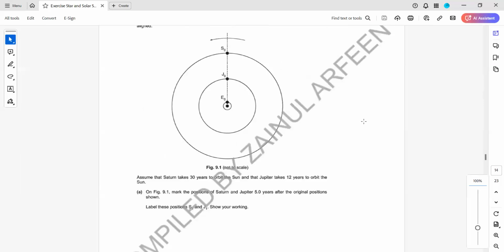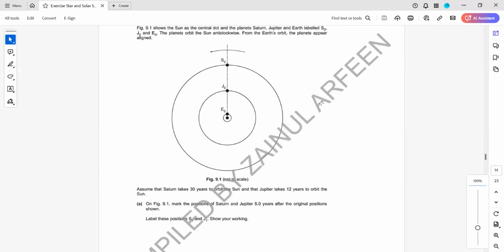For Saturn, it takes 30 years to move around the sun, which means one complete revolution is equal to 30 years. You can convert that into angles as well. For Saturn, 30 years is one complete revolution or 360 degrees, because when it is at this position again, 30 years will have passed.